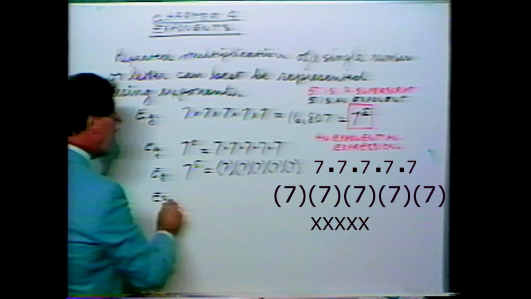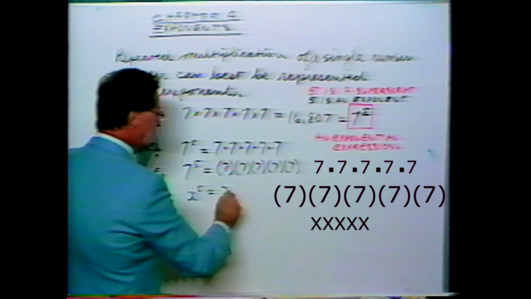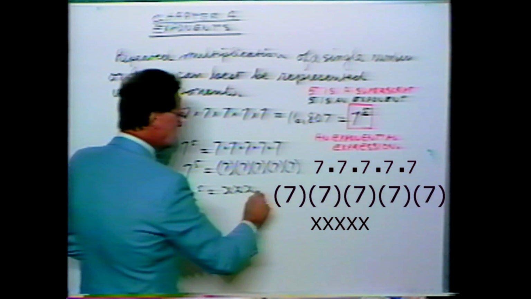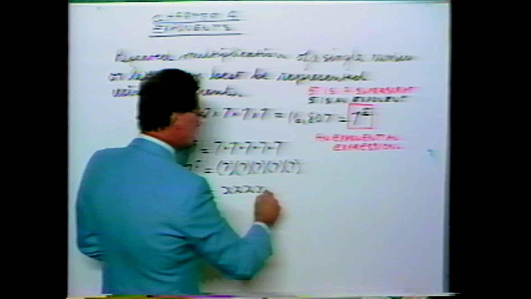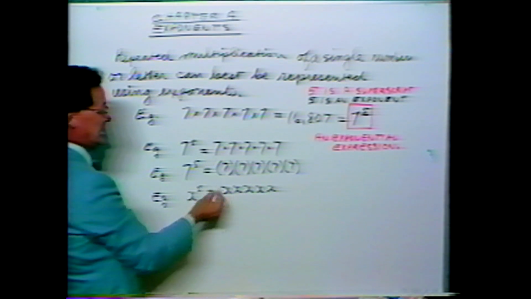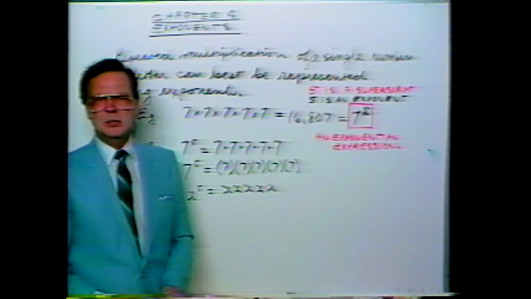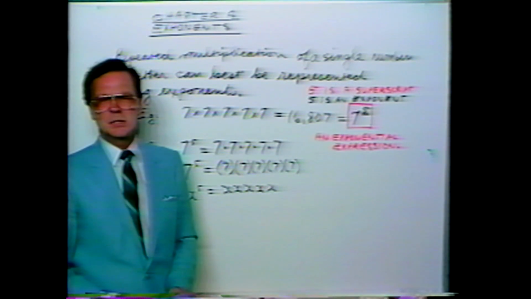There is yet another way to show continuous multiplication that is commonly used, and here is an example of that. x to the 5th can be written as x times x times x times x times x without any multiplication sign or dot or brackets. When a series of variables is listed without signs between them, multiplication is always intended.